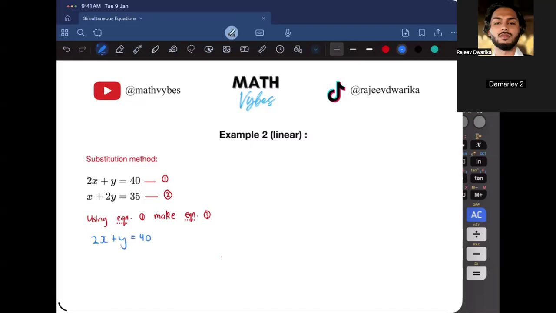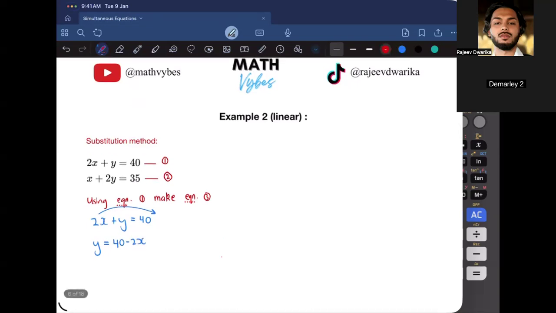If I want to make y the subject, what do I do? I'm going to get rid of 2x. Right, so I'm going to move across 2x. So that's going to become what on the right-hand side? 40 minus 2x. Right. And so that's equation 3. And so where am I going to plug that in?